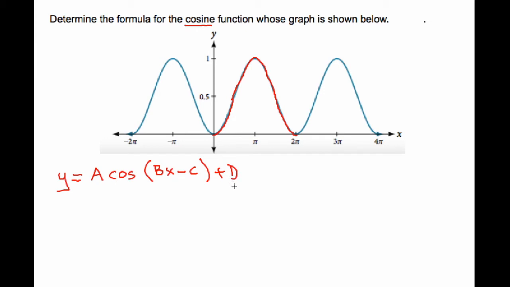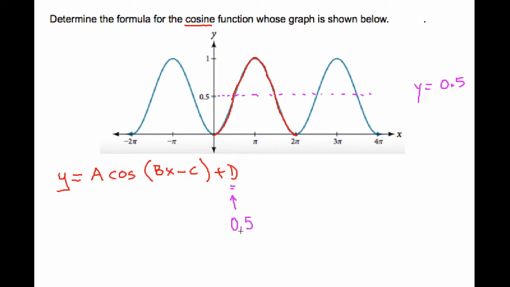Now I'm going to start by looking at d. The way I determine d is I go to the midline and realize the midline occurs at y equals 0.5. So that means my cosine function initially was shifted up 0.5, and so my value of d I can take from my midline.